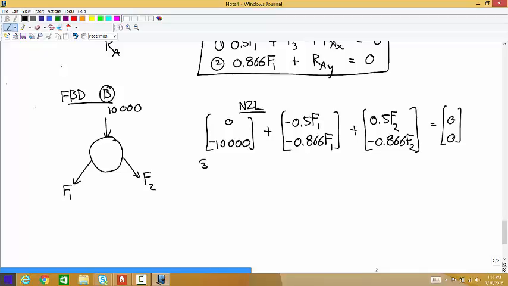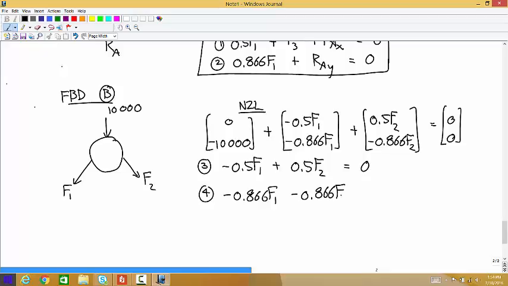So equation 3 says negative 0.5 F1 plus 0.5 F2 equals 0. And equation 4 says negative 0.866 F1 minus 0.866 F2 is equal to 10,000.